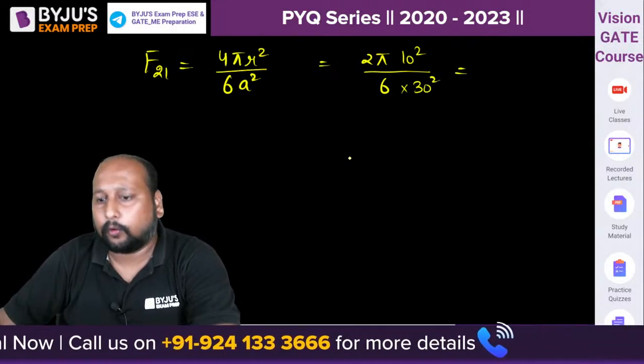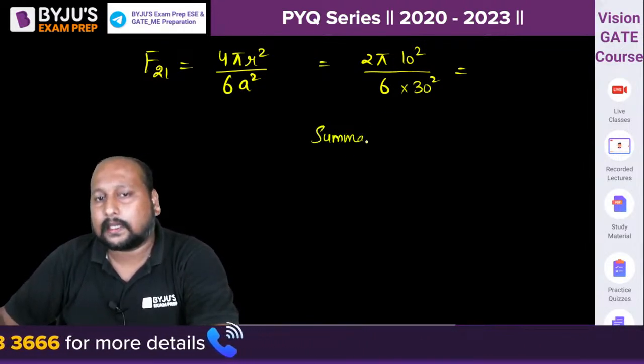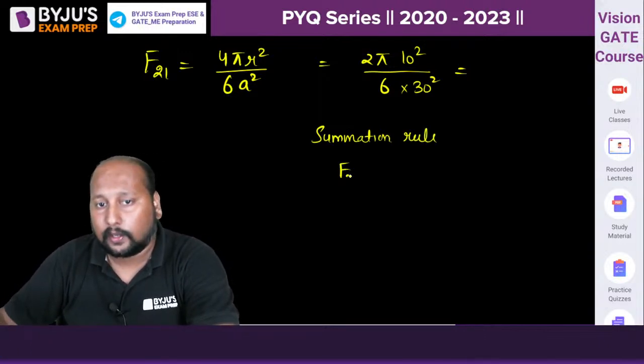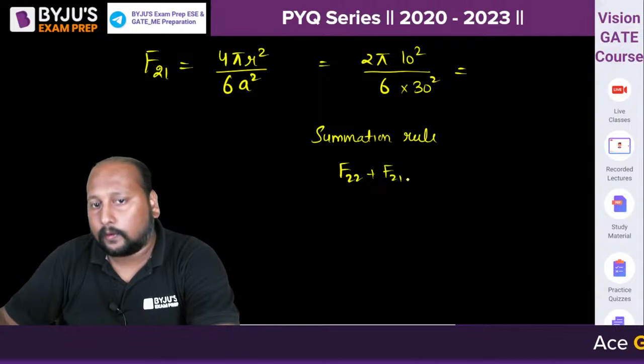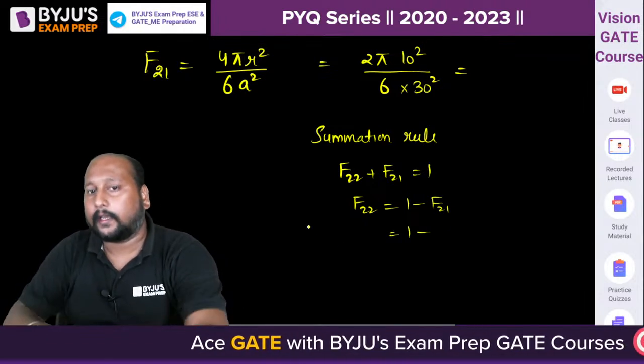What is the value of F21? Calculate that, and you can use the summation rule, because there are only two surfaces associated. So F22 plus F21 is equal to 1. So F22 is equal to 1 minus F21.